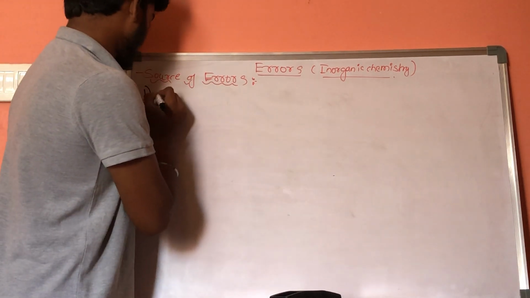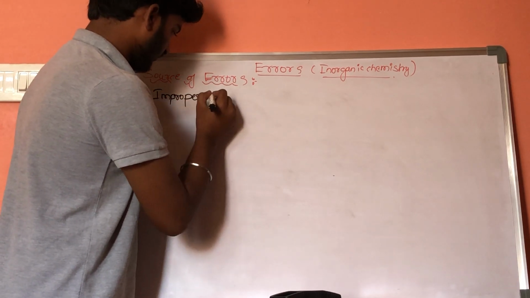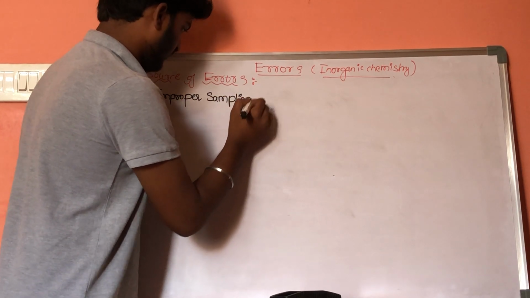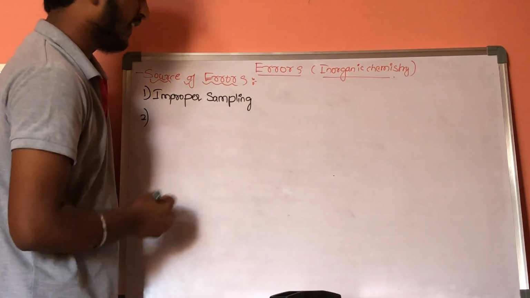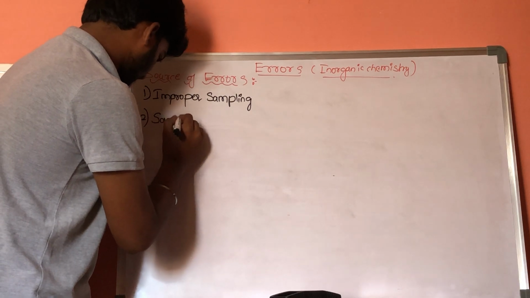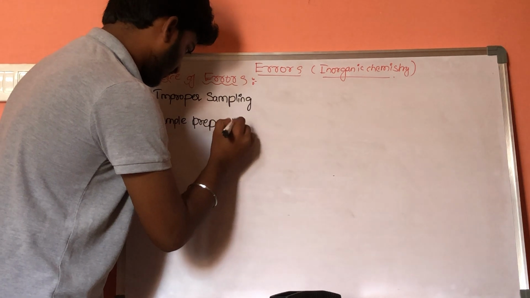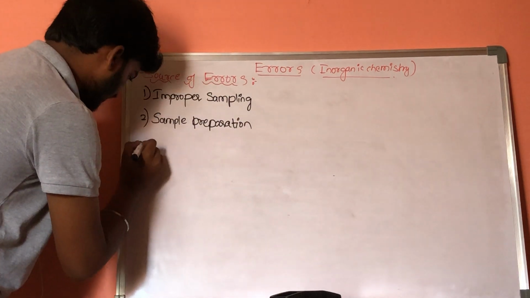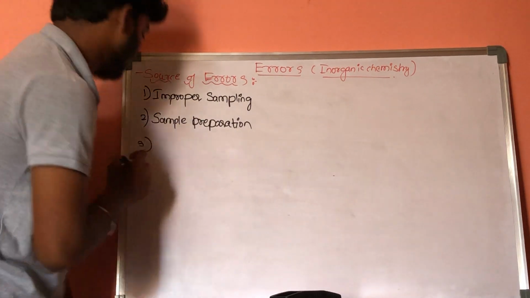First one is improper sampling. Second one is error in sample preparation. And third one is error which is made by the analyst.